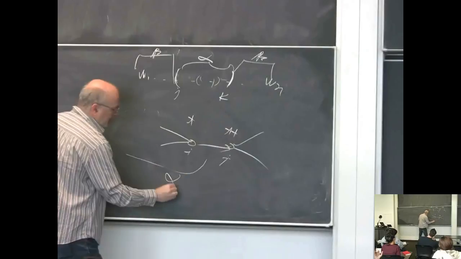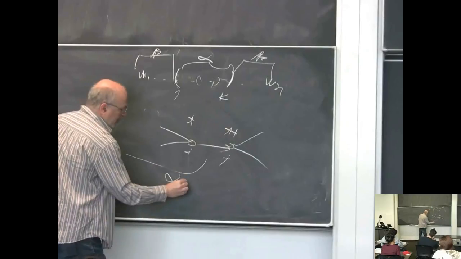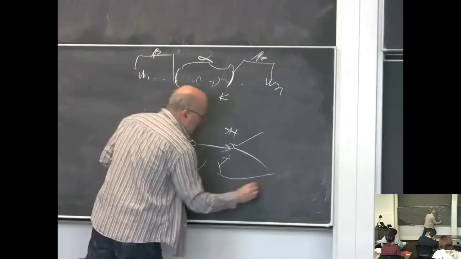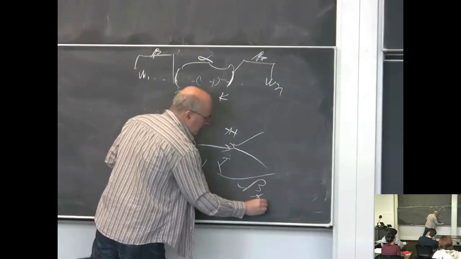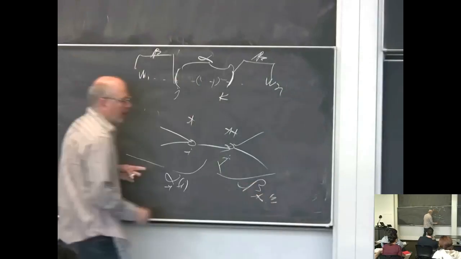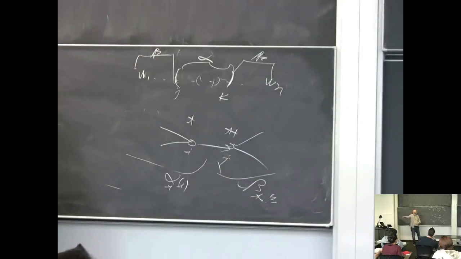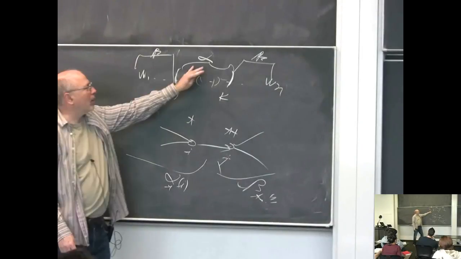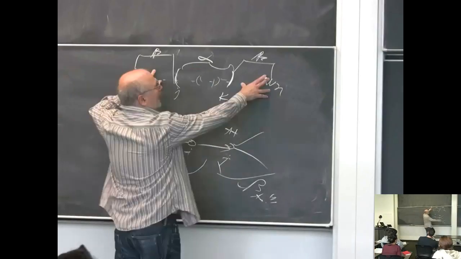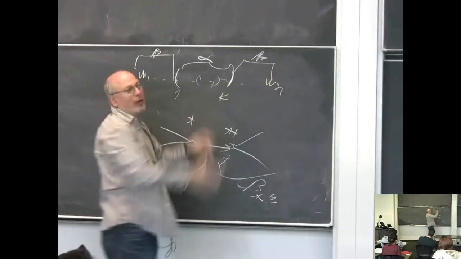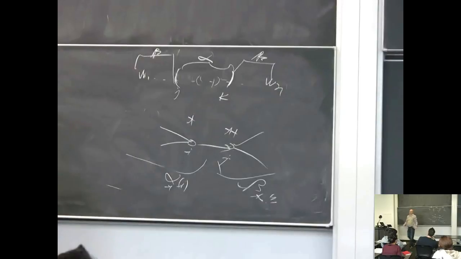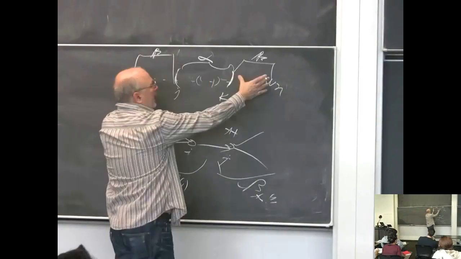Alpha accounted for this part, alpha t of I. Beta accounted for this part on, beta t plus 1 of j, something like that. We pieced together an alpha value and a beta value, and they accounted for the whole chain. Here, we're going to piece together an alpha value and two beta values to account for the whole tree, which is why it's called the inside-outside algorithm. Alpha is the inside, beta is the outside.